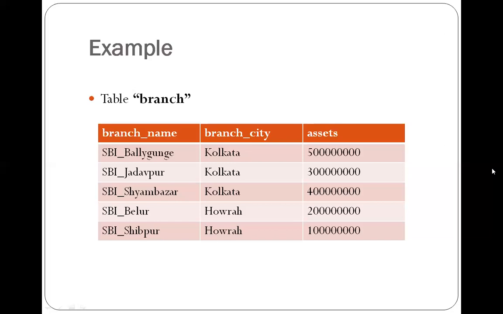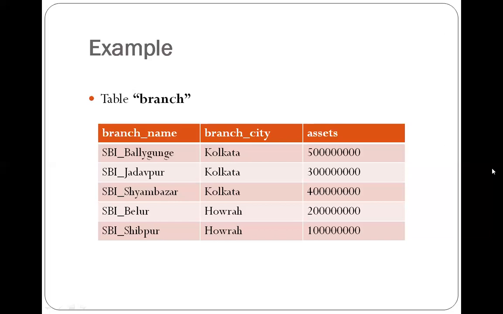That means a primary key must be unique. But now consider branch city. The same value could be repeated there, like SBI Baliganj, SBI Jadavpur, SBI Shambajar.